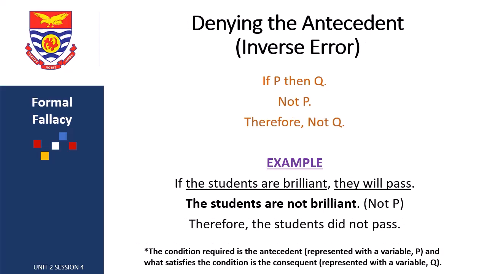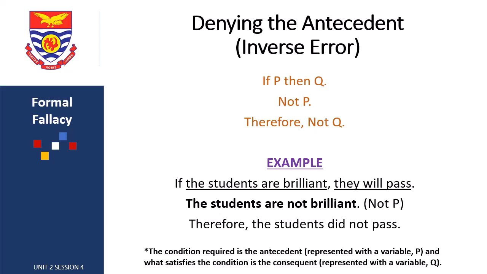We have denying the antecedent, which is other times called the inverse error. It reads, if P, then Q; not P, therefore not Q. And the example we have here says, if the students are brilliant, they will pass. The students are not brilliant, therefore the students did not pass.